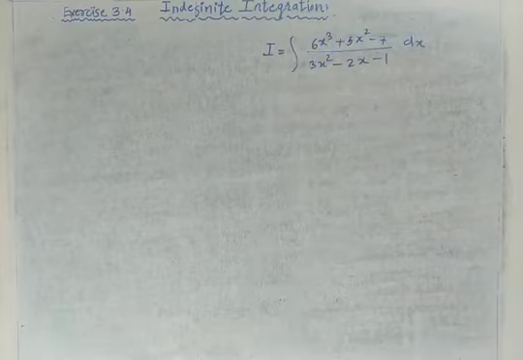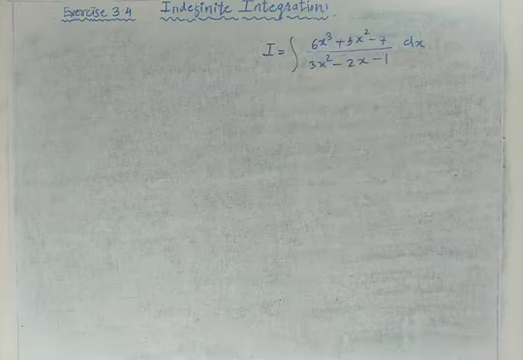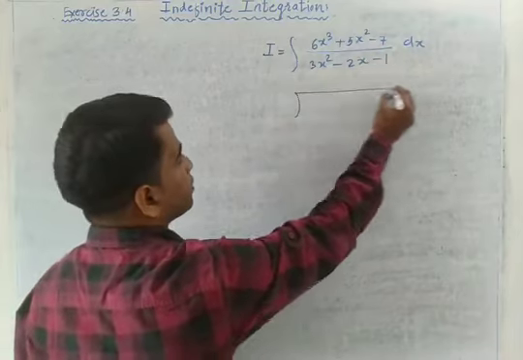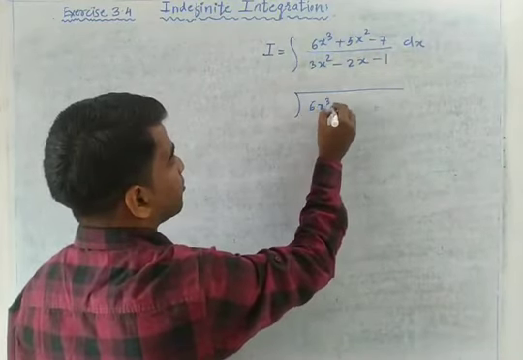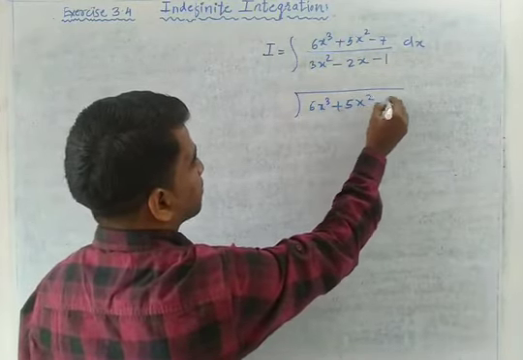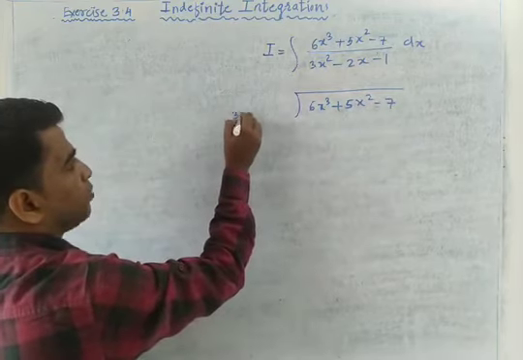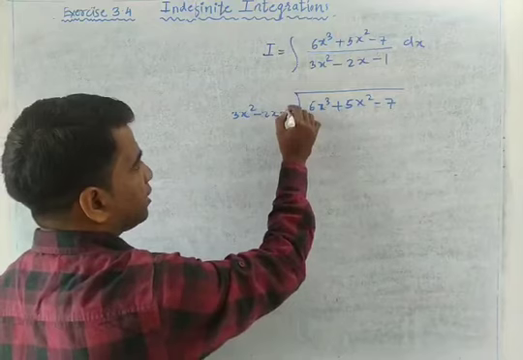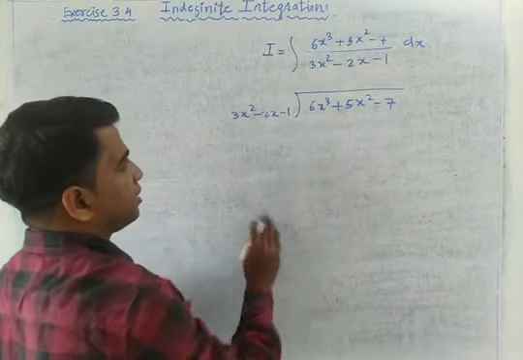In the denominator, the highest power term is x square, so its degree is 2. It means the numerator degree is greater than the denominator degree, so here we have to divide the numerator by the denominator. So now start with division.